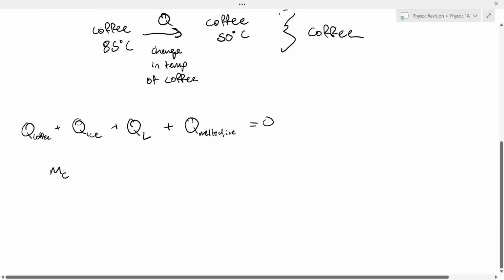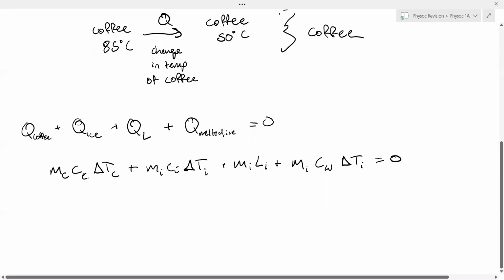Sorry, this is going to be M C, specific heat due to coffee, and the change in temperature due to coffee, plus the same for the ice, specific heat of ice when it's still the ice material that's changing temperature, for the ice, plus M_I latent heat of the ice, plus M, mass of the ice, but this time specific heat of the water when it's changing temperature, for the ice, is equal to 0.